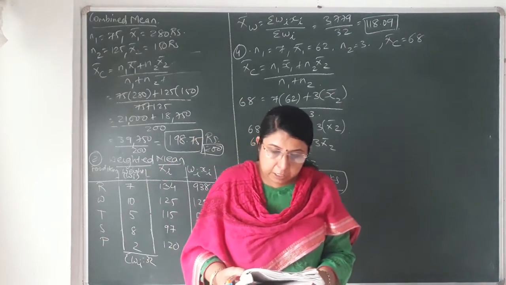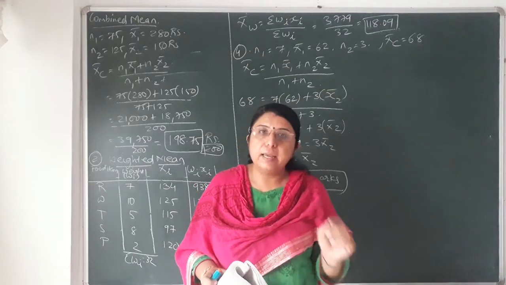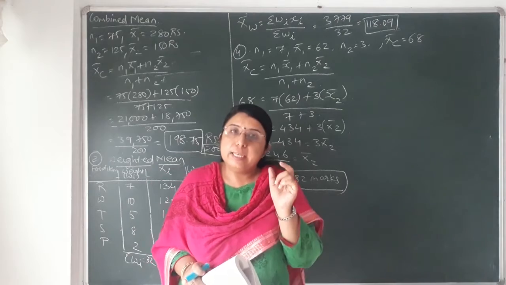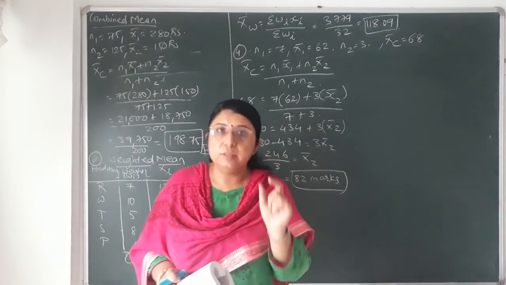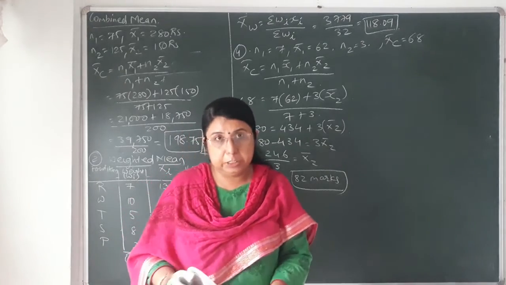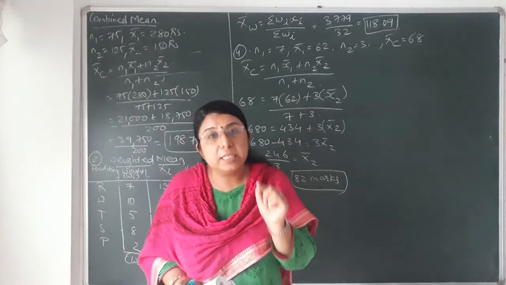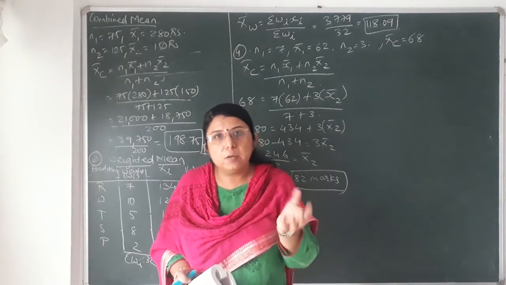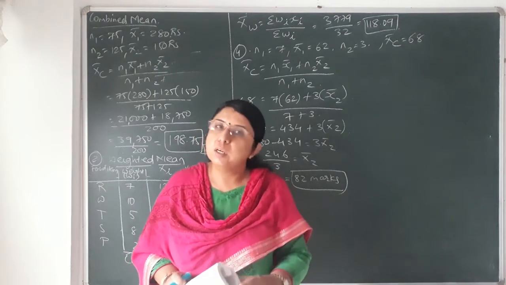Also, his mean marks for the entire examination includes both theory and practical, so the combined mean of both the examinations is given to you, 68. It means x bar c value is given to you, 68, and you have to find x2 bar. So it is a little bit different sum, that's why I have chosen to explain the fourth sum instead of the third sum.